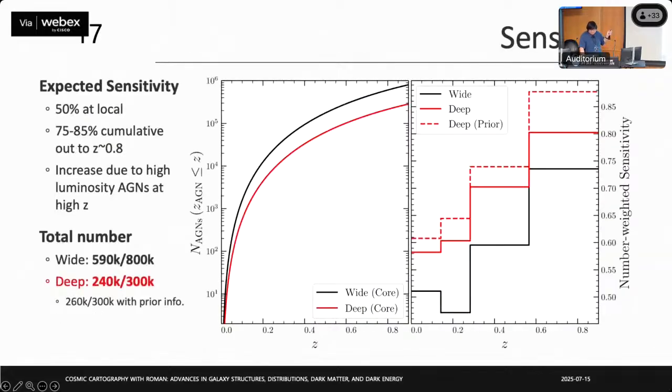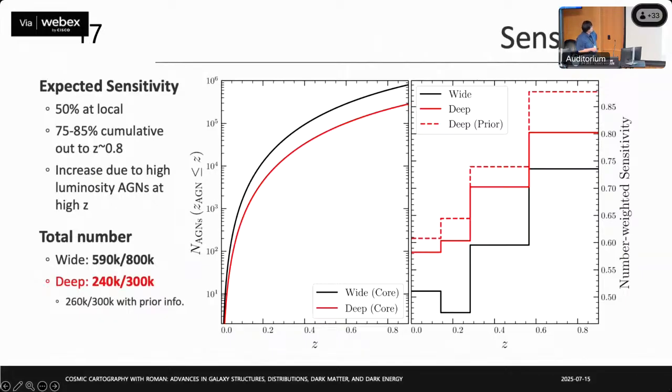And these are the results. So for the sensitivity for the local AGNs, we have about 50% sensitivity, but at the higher redshifts, the sensitivity increases to about 80%.